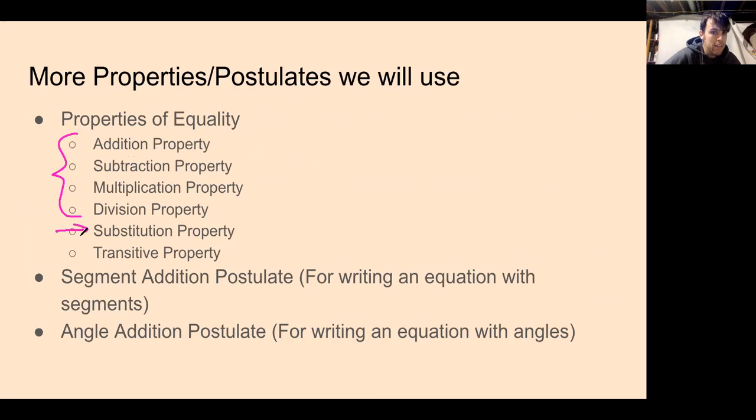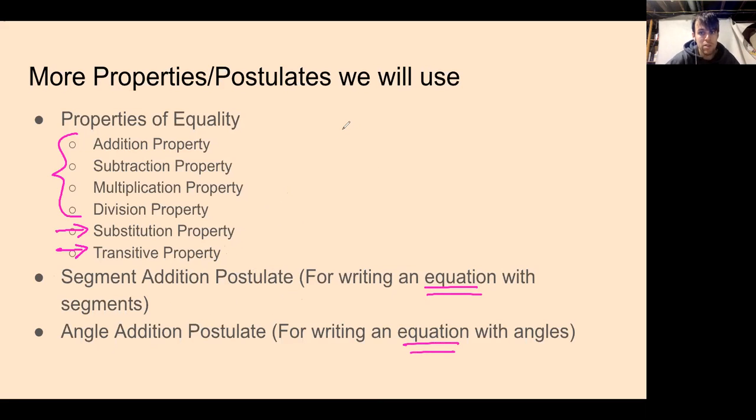These are going to be ones that are used a lot more in geometric proofs, the substitution property and the transitive property, than they were used in the algebraic proofs. So we're going to use these 2 properties in particular a little bit more than we did when we were doing algebraic proofs. Then anytime we set up an equation involving segments or set up an equation involving angles, we often are going to be using these 2 postulates.